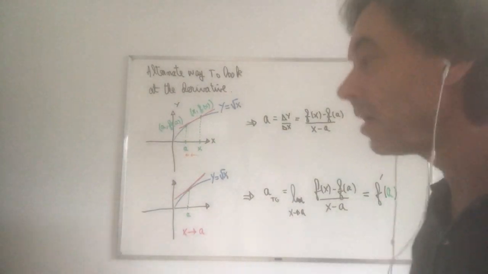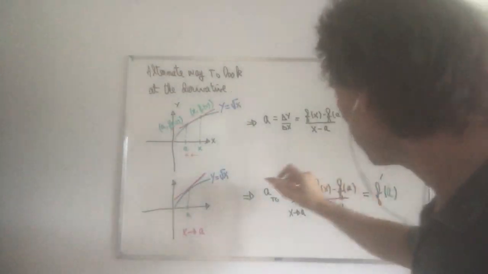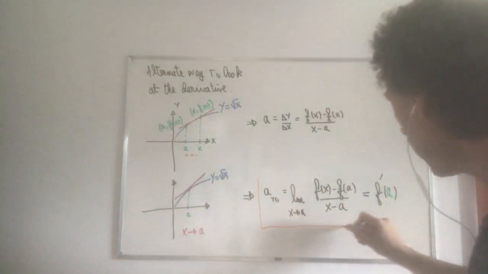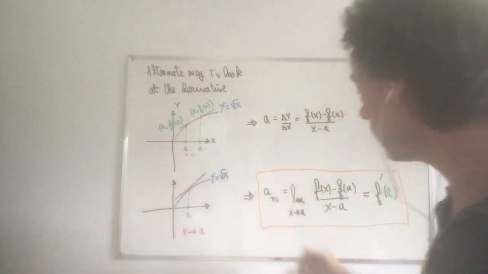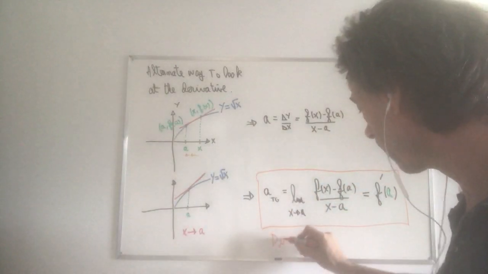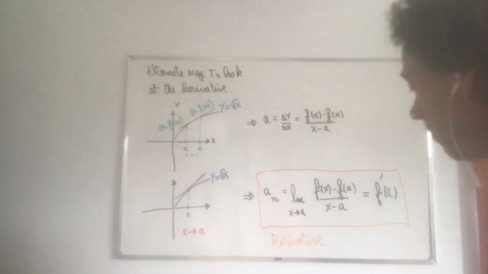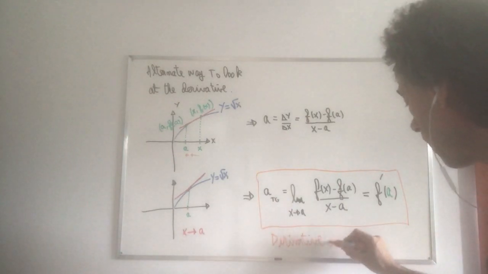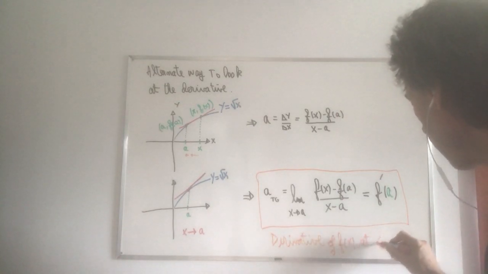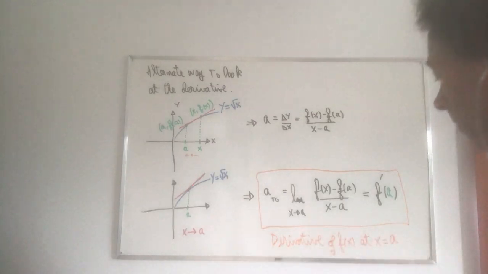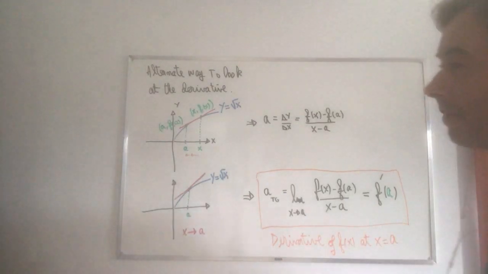So that's an interesting, different formula, but it speaks of the same reality. It's still the derivative, but this time, instead of the general derivative, it's the derivative of f of x at a point. What point is that? At the point x equals a.